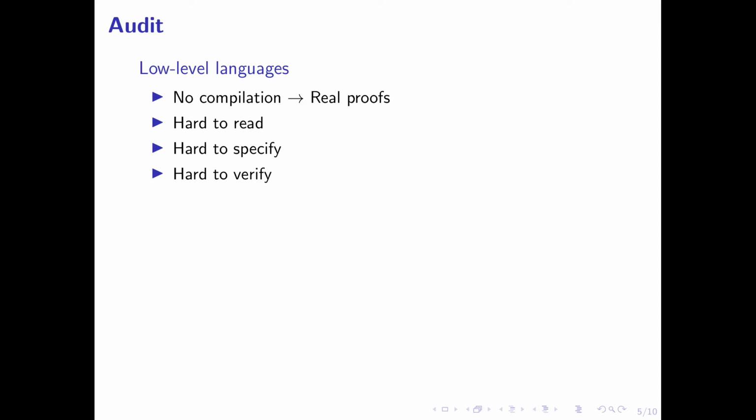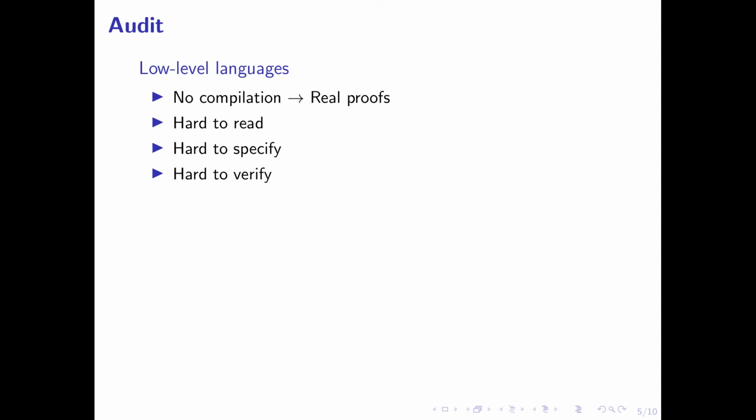The issue is that the level of expertise required for even reading such contracts is much higher than the expertise required for writing them in a higher level language, which is the second kind of language used in blockchains. While they are easier to read, specify, and verify in general, they must be compiled to a lower level language that the chain will be able to execute.